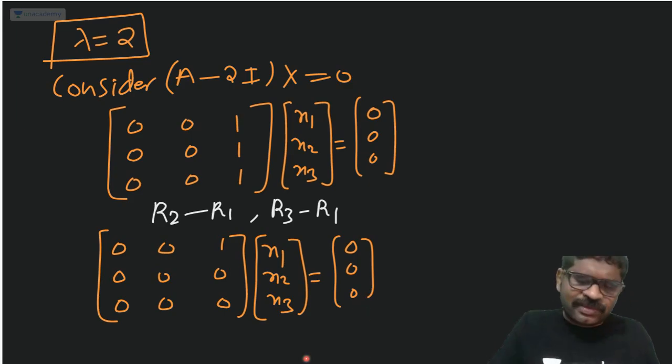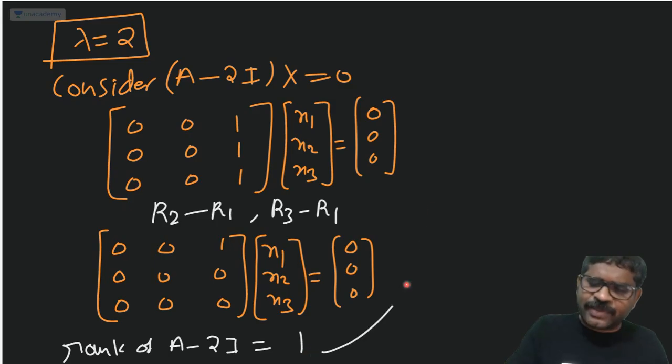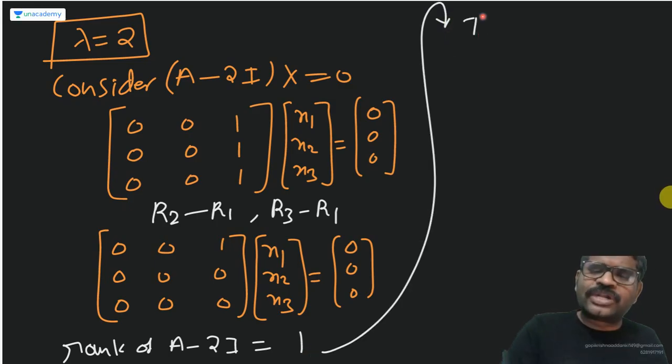Now, rank of A minus 2I is 1. Total number of variables is 3.